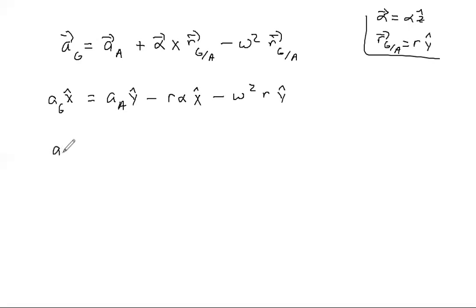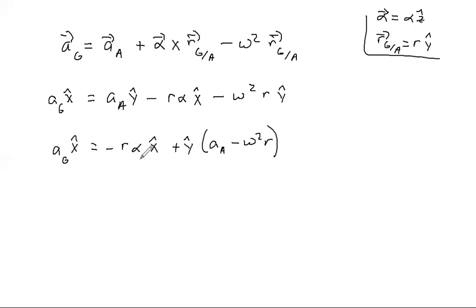So I get the acceleration g times x hat equals, I'm going to pull out the r component stuff, whereas the y components would look like this. And we see the following facts.